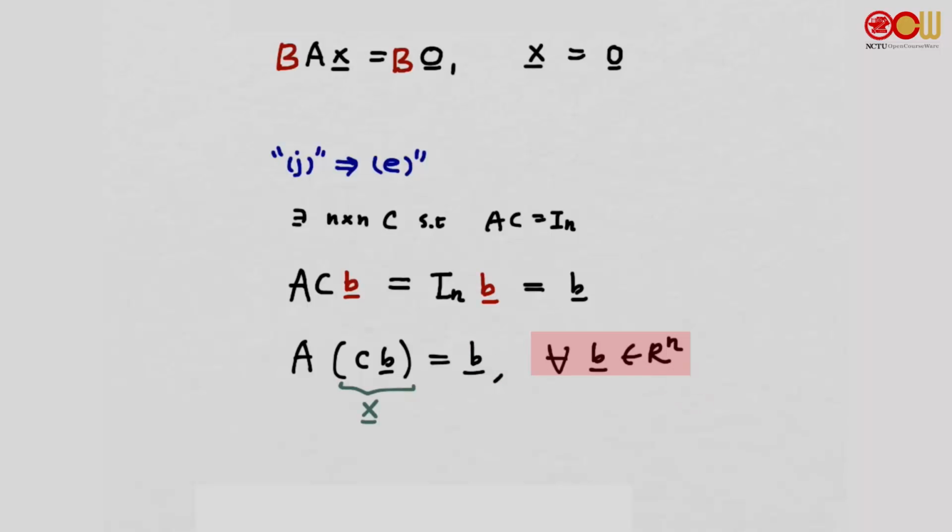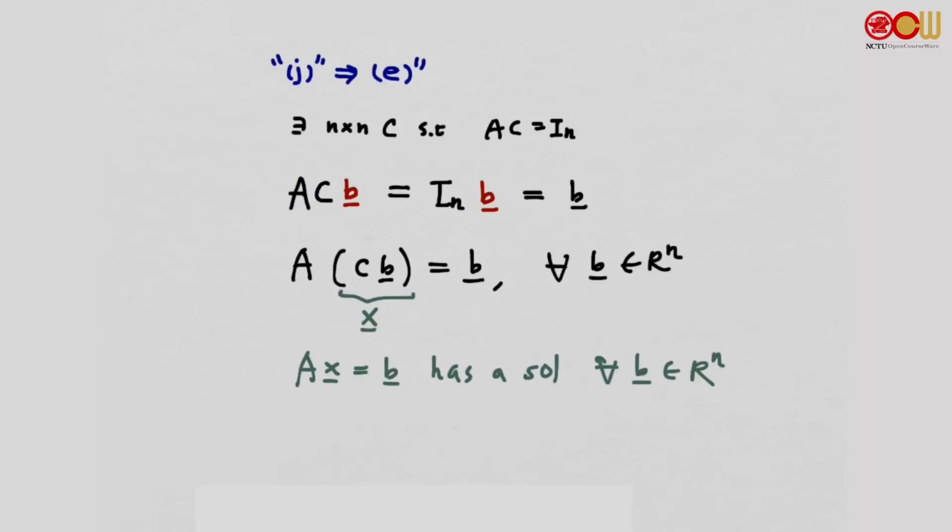So the conclusion that we get from here is Ax equal to b has a solution for all b in Rn. What is the solution? The solution is simply Cb here. So there we go. J does imply E, and E is the same as saying that A is invertible. So again, J is an equivalent statement.